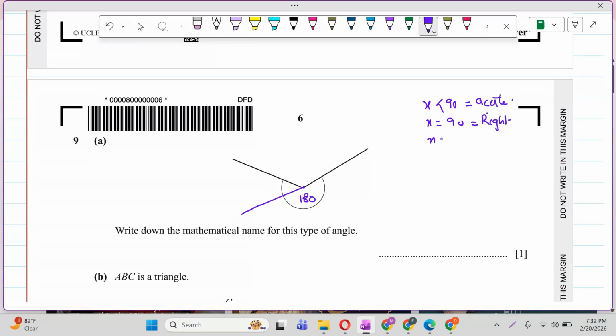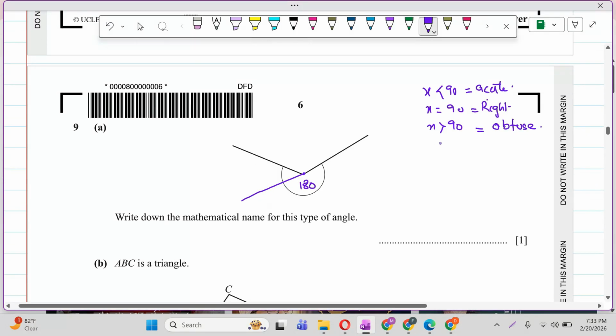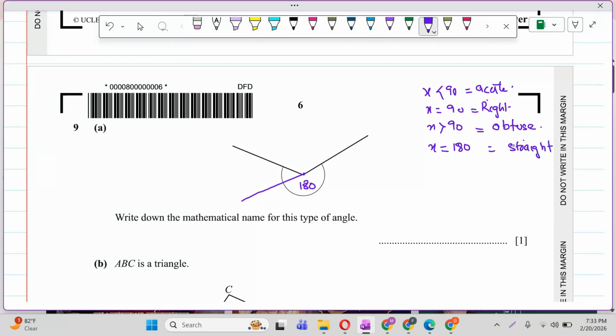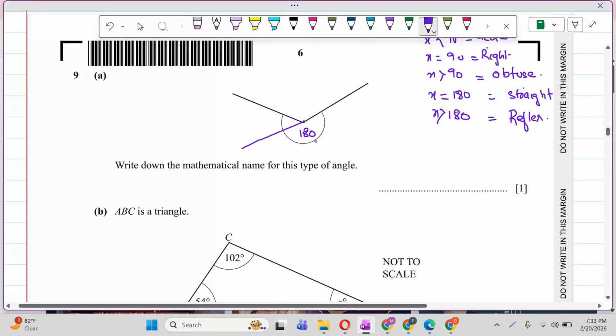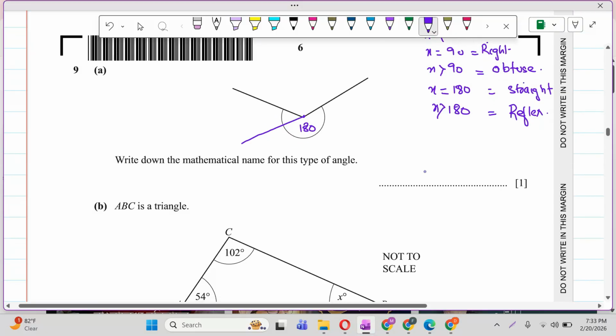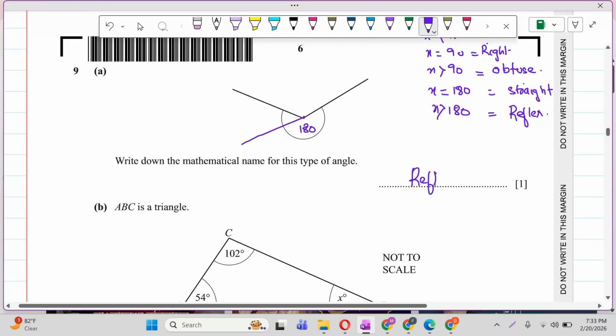When the angle is greater than 90 and less than 180, then it is obtuse. When the angle is equal to 180, then it is a straight angle. And when the angle is greater than 180, then it is a reflex angle. The given angle is greater than 180, so we can say that this one is the reflex angle.